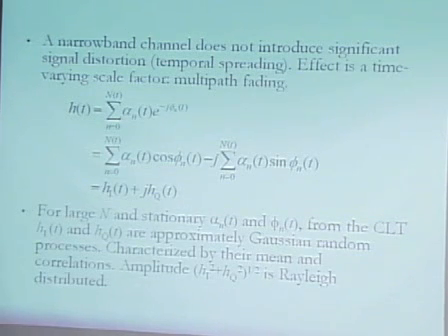So there's not too much temporal spreading because the delays are very similar. That's why. The main effect is a single delay on the whole signal, which is quite irrelevant. And the really important effect is a time-varying scale factor, which is this h of t. So the signal is delayed by t sub 0, and multiplied by h of t, which is a time-varying function. Actually, it's a random process.